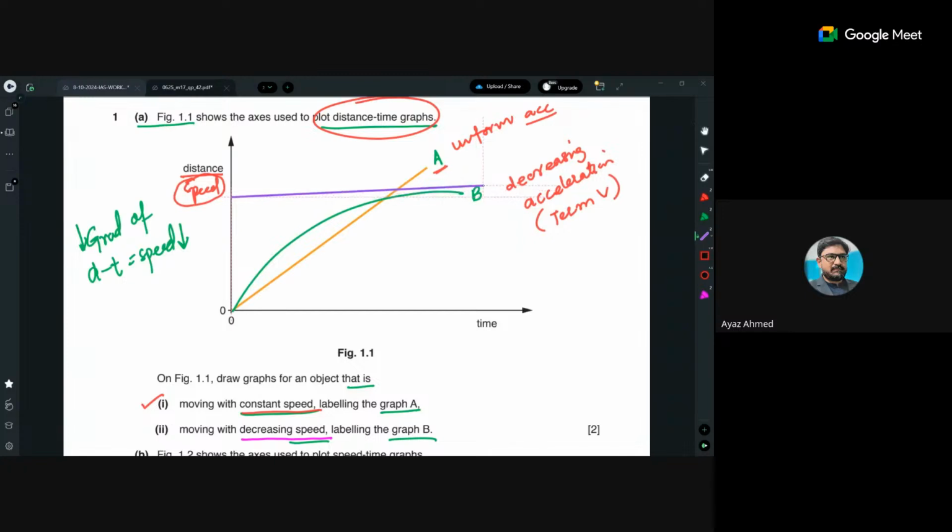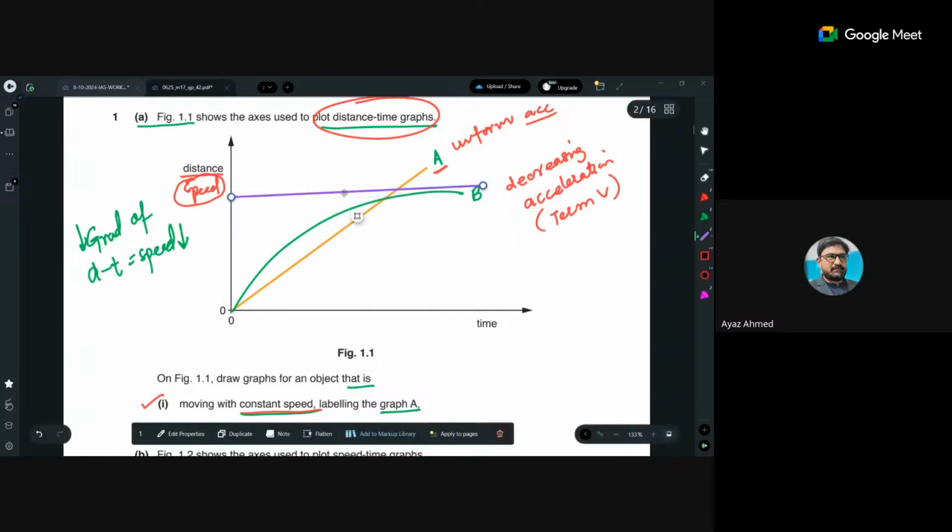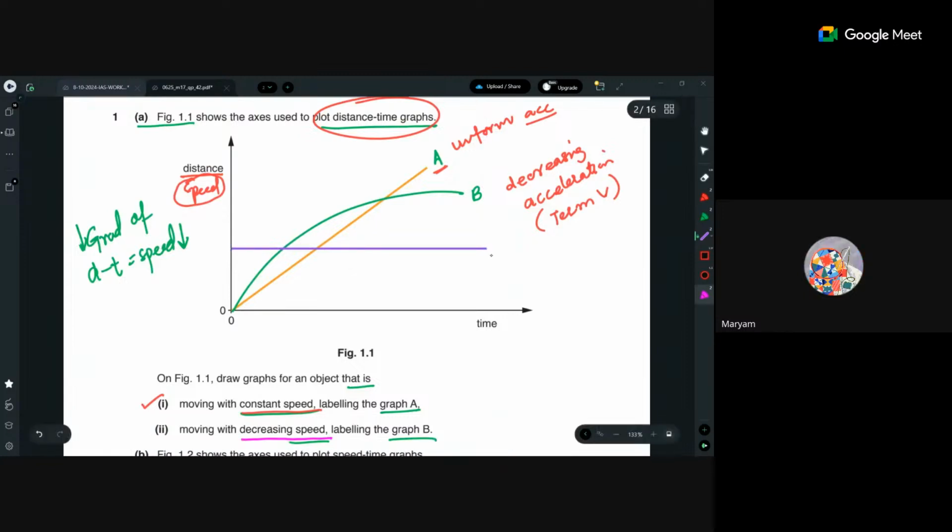Let me write it C. Anywhere, let's move this a little lower. Do you understand it? Yes. The purple one is at rest, if it is under the circumstances of a distance time graph.